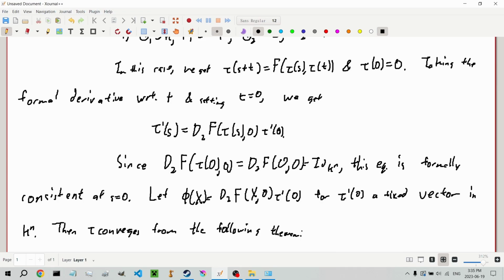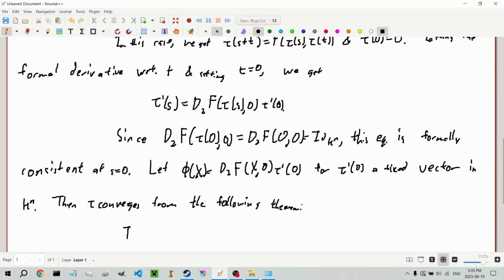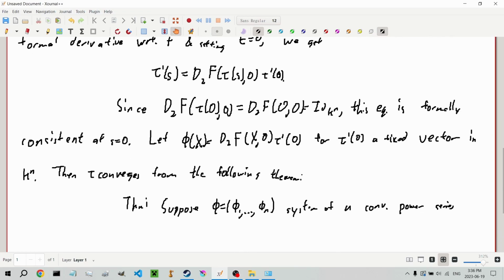Alright. So in this case, we get our theorem. So, suppose that phi, being phi 1 through phi n, is a system of n convergent power series in n variables.